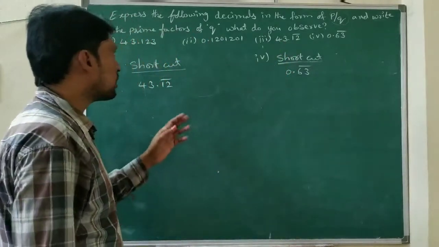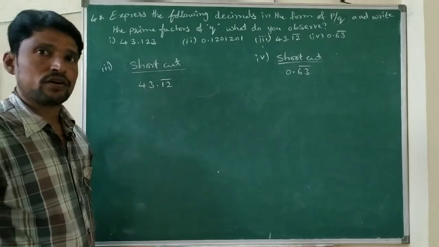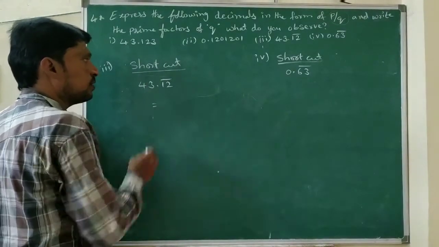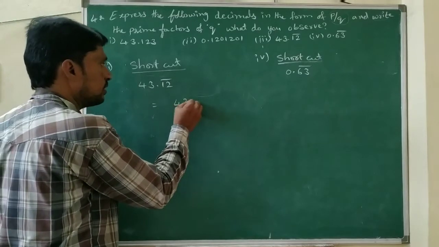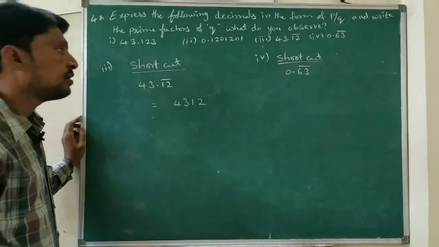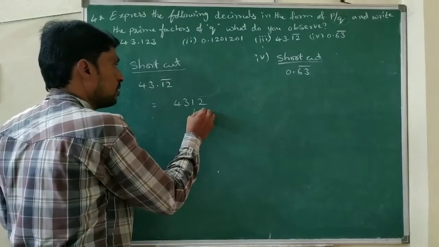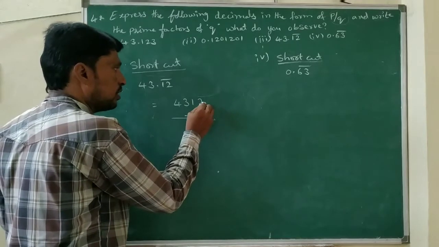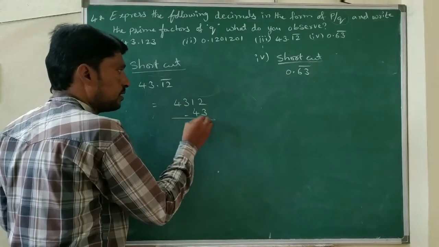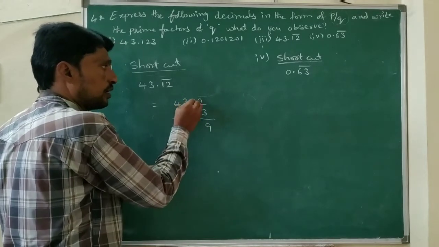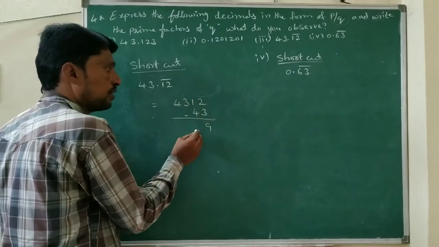First, the third one, it is 43.12. Without the decimal you can write 4312. Before the decimal, the digit you take is 43, and subtract it. So 12 minus 3 is 9. Now 0, we borrow 10, so 10 minus 4 is 6.